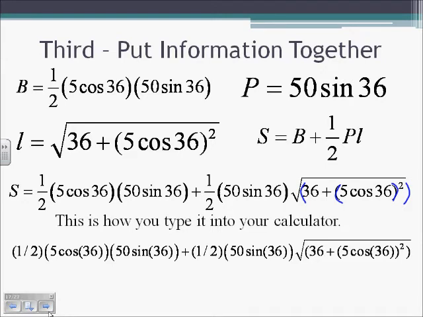Just like we have here. Make sure we have all of these parentheses in there. When all is said and done, our surface area is going to be approximately 165.774. Remember, units squared, if we had an actual unit measure, it would be on there and we'd square it.